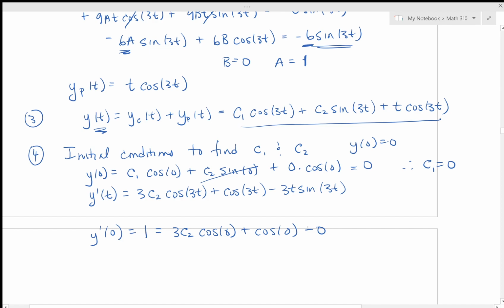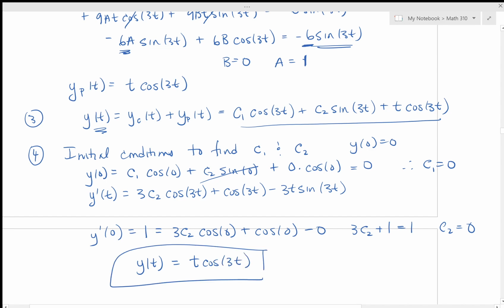That tells me that 3 C2 plus 1 is equal to 1, and that tells me that C2 is also equal to 0. That allows for a very simple equation here. It's t times cosine of 3t. Okay, there we go. So it's a fairly long procedure, the method of undetermined coefficients, but it's relatively straightforward.